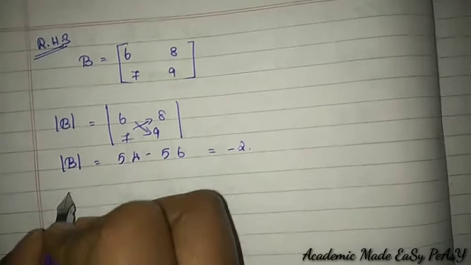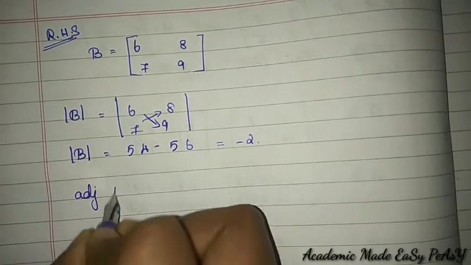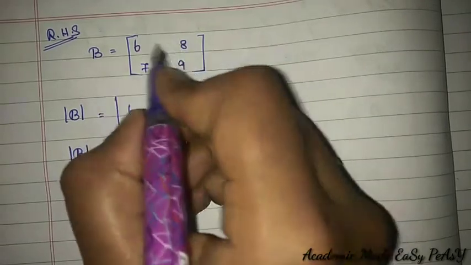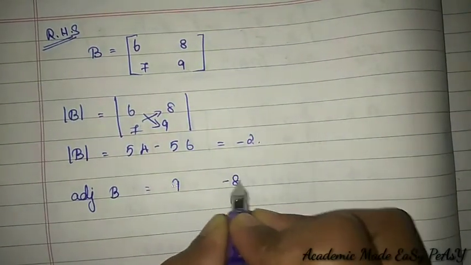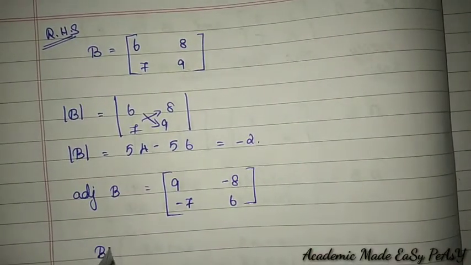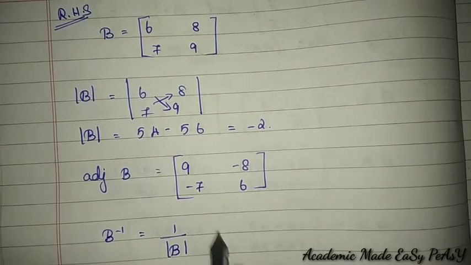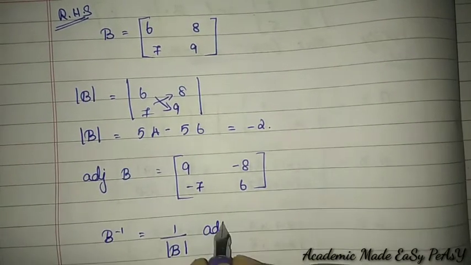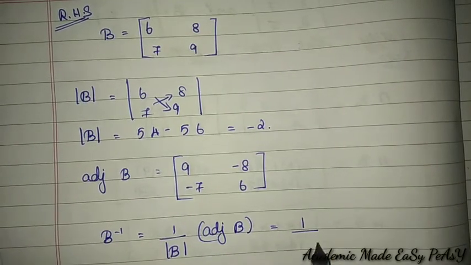So now my adjoint of B. Here I will be changing these two elements. So 9, 6, minus 8, minus 7. So now my B inverse is equal to 1 by determinant B into adjoint B. So 1 by what is the determinant?